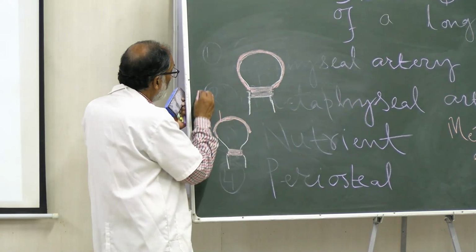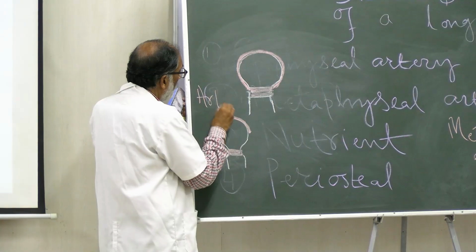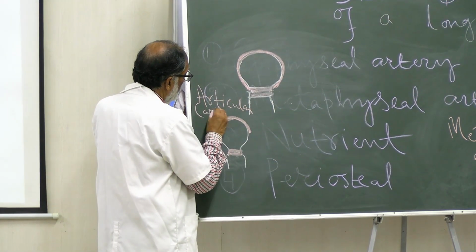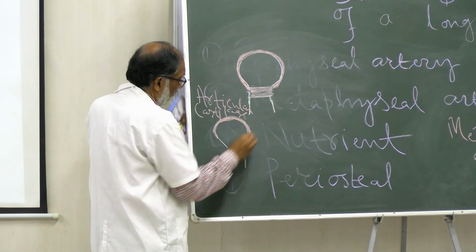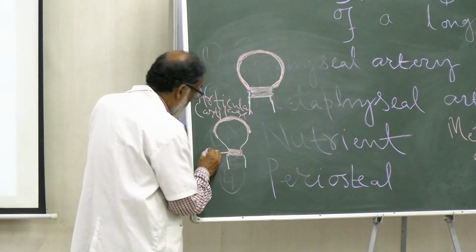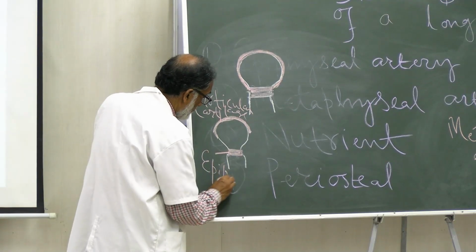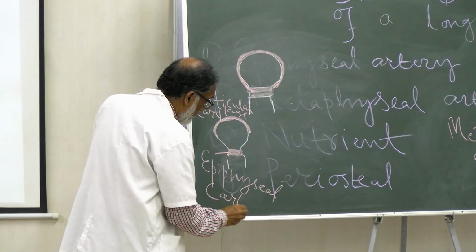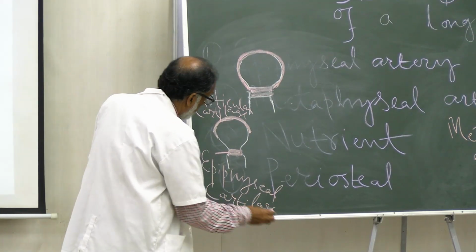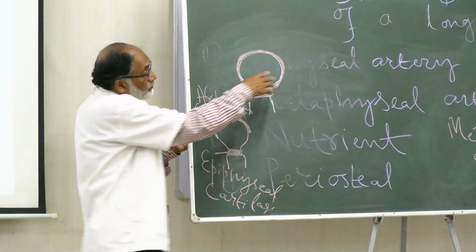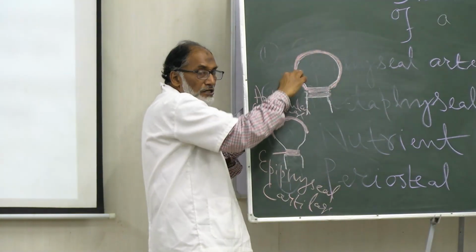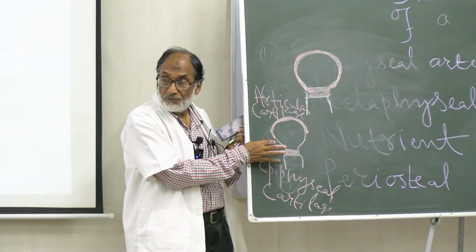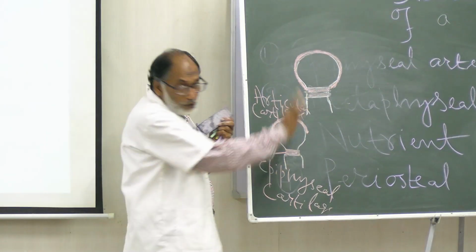This is called articular cartilage. And this is epiphyseal cartilage. What is the difference between these two pictures? Here you see the articular cartilage is continuous with the epiphyseal cartilage, but here there is a gap.